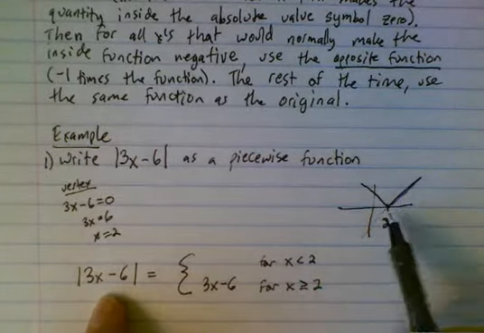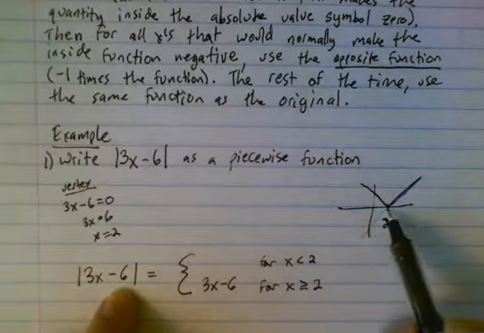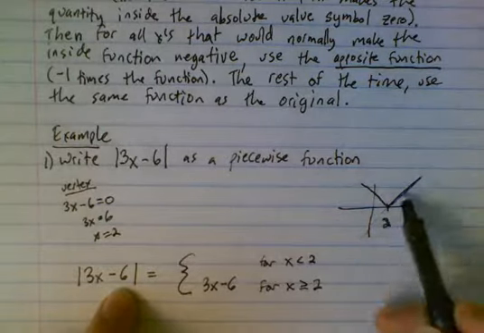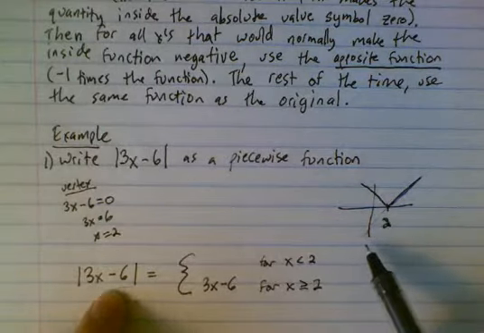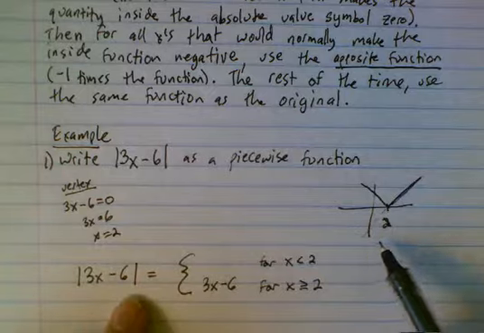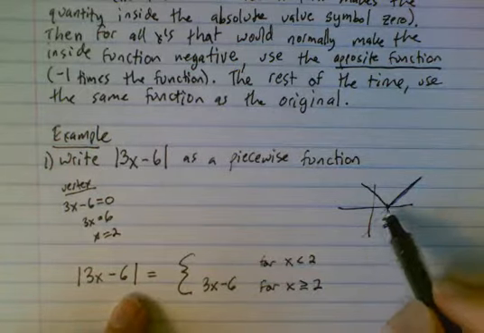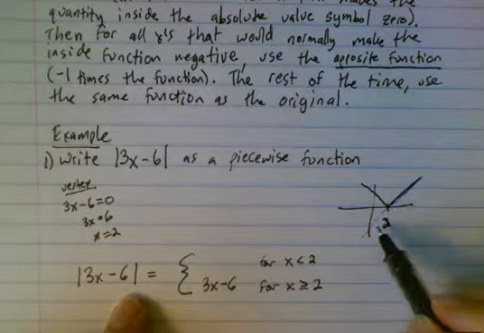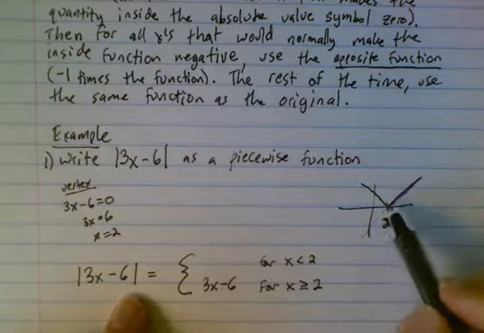However, when x is less than 2, 3x minus 6 is going to be less than 0, basically continuing this line right here. But since we have the absolute value sign, this is going to take this and sort of reflect it over the x-axis. It's going to make it into this positive piece right here.